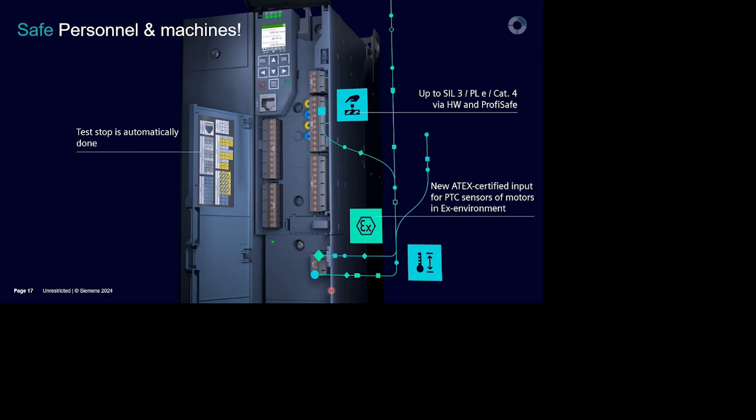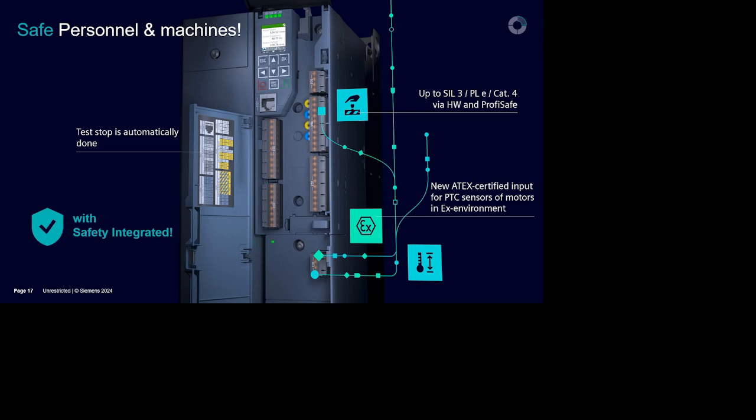This module includes this terminal that allows us, ATEX certified, to connect an input for a temperature sensor coming from a motor located in an explosion area. And this is ATEX certified again, and this will allow us to enter many more applications with explosion areas, for example in food and beverage, in pharmaceuticals, in chemicals, in oil and gas, thanks to this ATEX certified module. So this is, again, another innovation that we didn't have in the past.